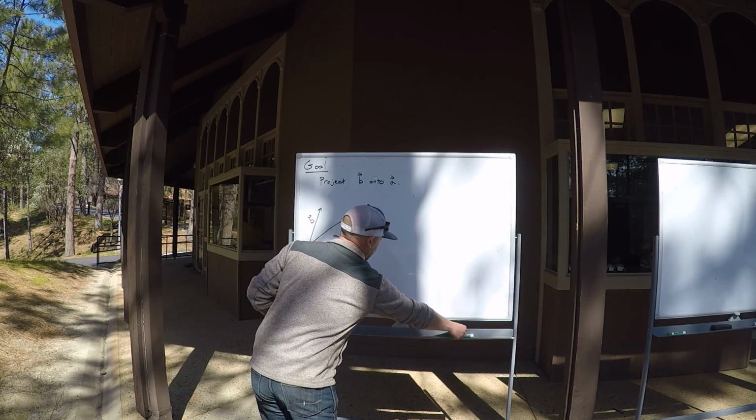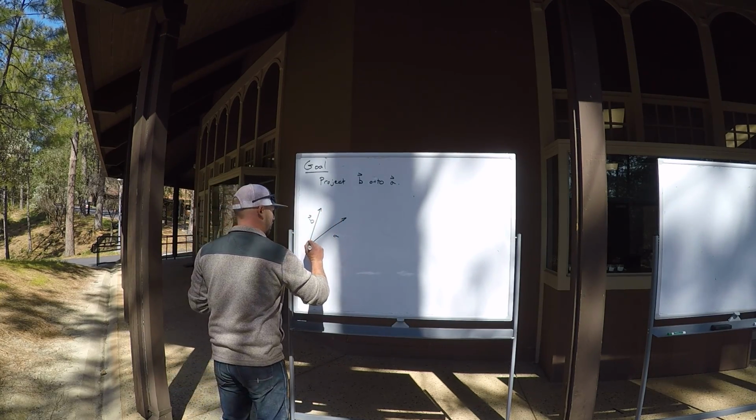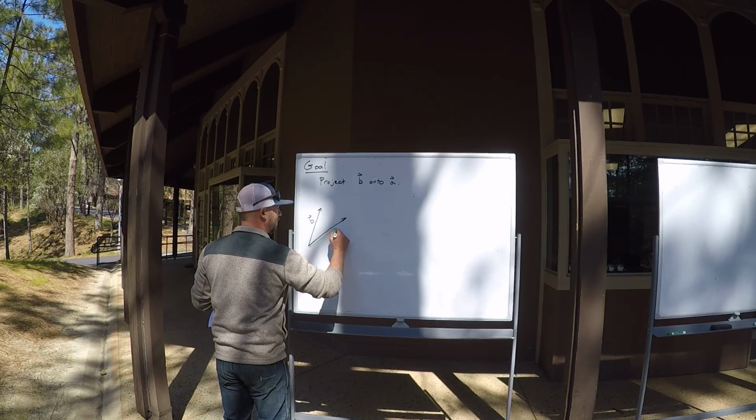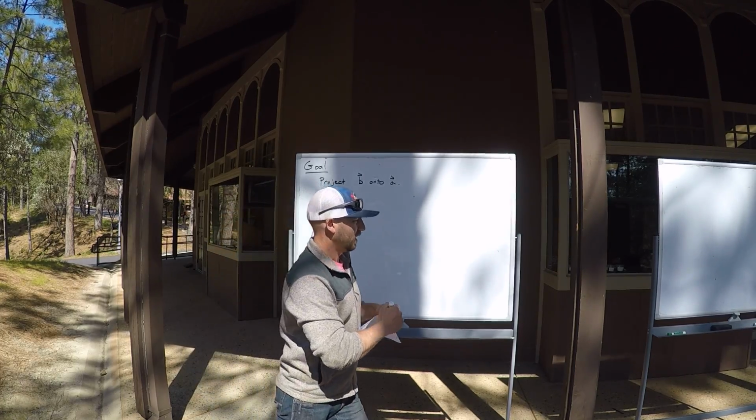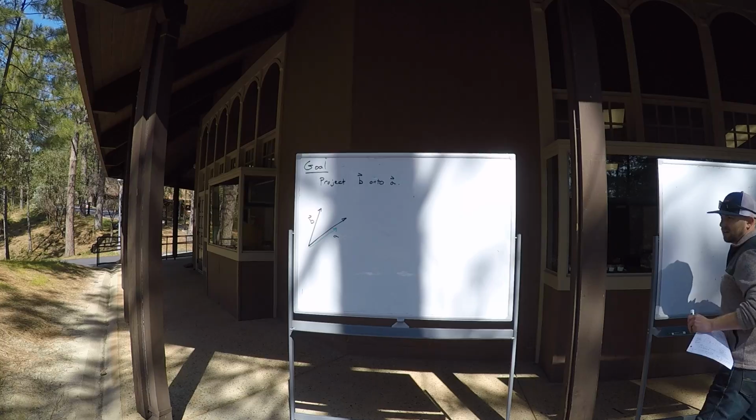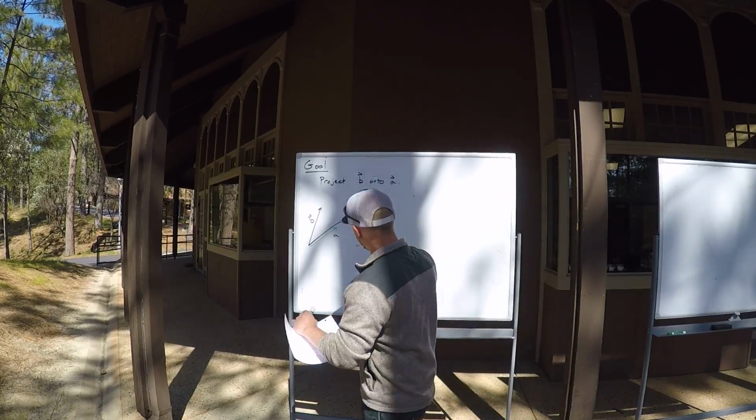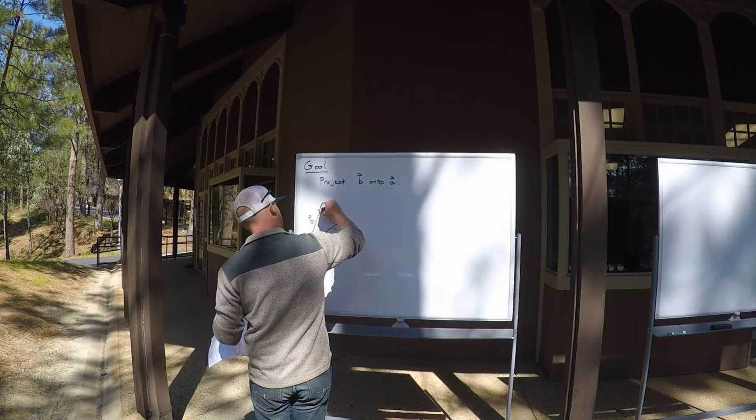Those two pieces are going to be a piece that runs parallel to A, like so, and a piece that runs perpendicular to A, like so.